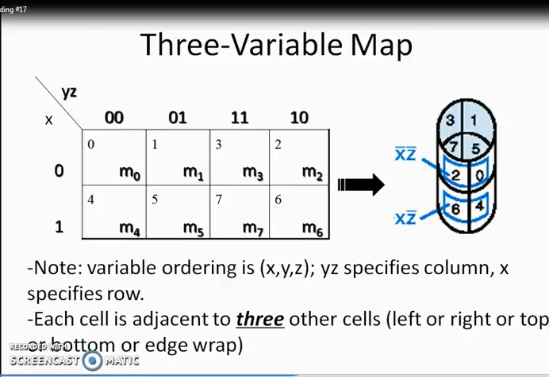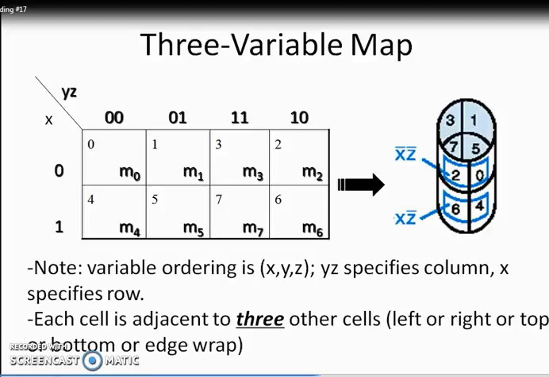Let us see an example for 3 variables. Here we have to represent 3 variables. Definitely we need 8 cells, that is 2 power 3 cells, to represent all the 8 possible terms of the Boolean expression with 3 variables.